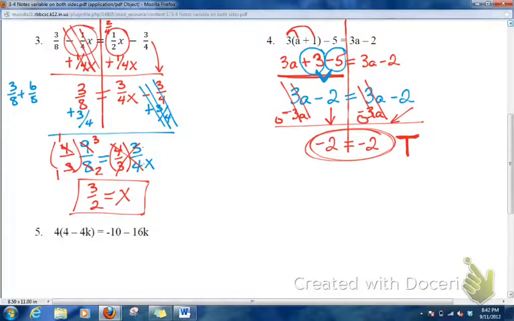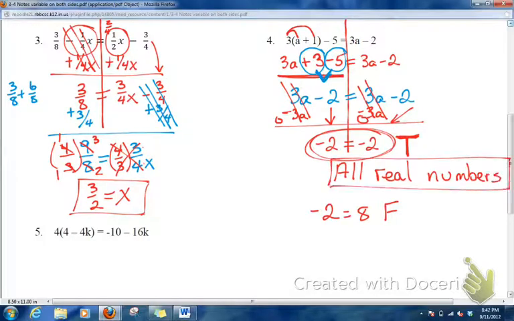You could have something that maybe said negative 2 equals 8, which obviously is a false statement. Your two answers depend on whether you have a true statement or a false statement. In the problem we have done, we have a true statement, which means our answer is all real numbers. So that is the answer to example number 4, all real numbers.